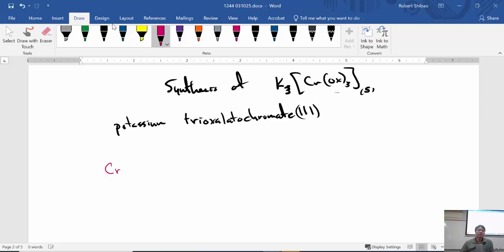Chromate has the formula Cr, what is it? CrO4, charge? 2 negative. That's chromate. And dichromate has what formula? Cr2O7, charge? 2 minus. And the weird thing is, when chemists look at these, they see the same thing. Although, do you see the same thing?